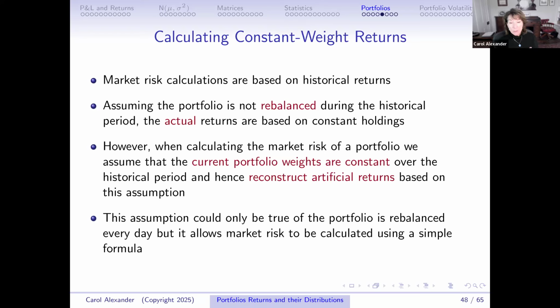But when we calculate market risk, it's actually much more convenient to just assume that the weights are as they are now for the whole historical period. So you have to reconstruct your artificial returns based on that assumption. The reason we do that is because you can get a much simpler formula for the variance of the portfolio, and that is the main input into market risk.